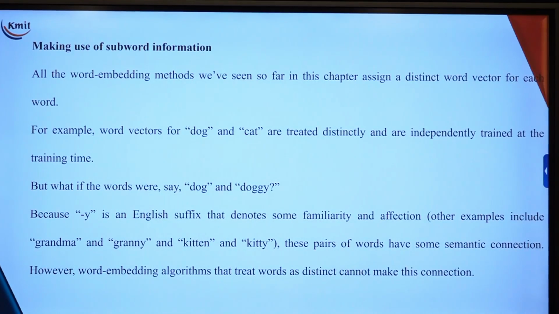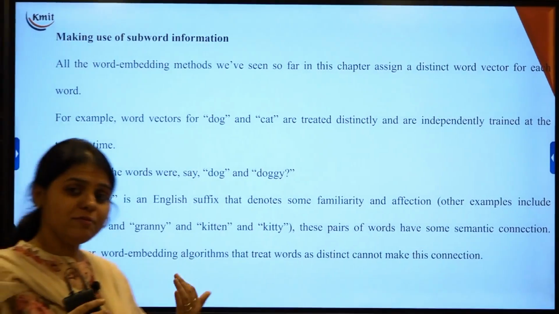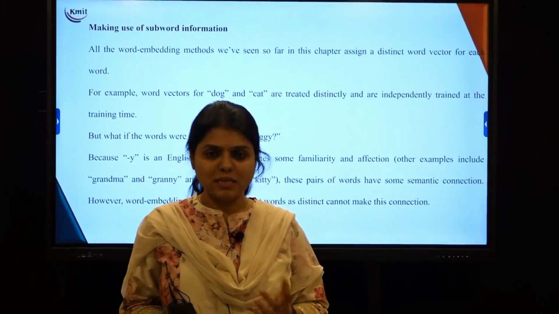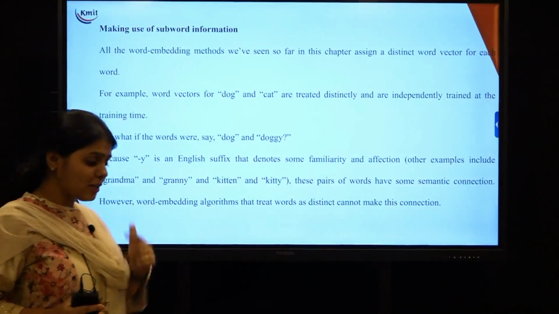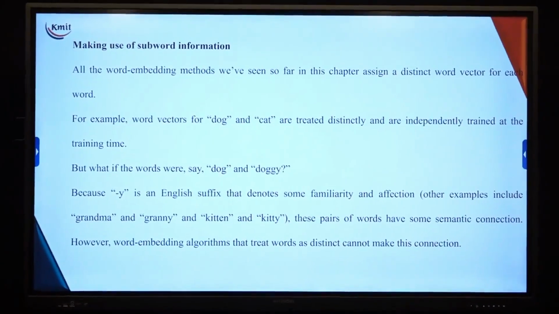Making use of subword information is a very important thing which is considered in the fastText model. The fastText model considers the use of distinct word vectors for each word.